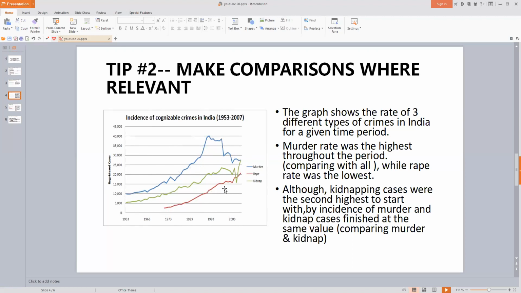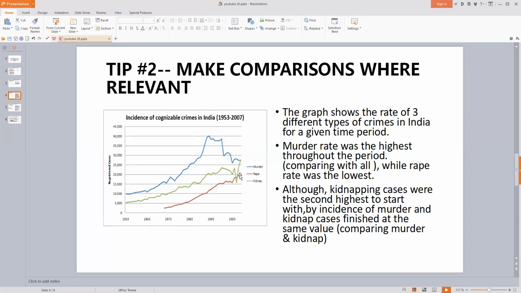Also, another point that you can write if you get this graph is, you can see that the green line represents the number of registered cases of kidnappings. At the beginning of the period, it was the second highest, because obviously it was always in between the murder and the rape.